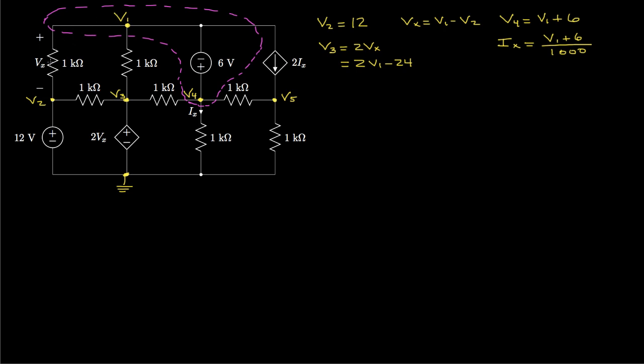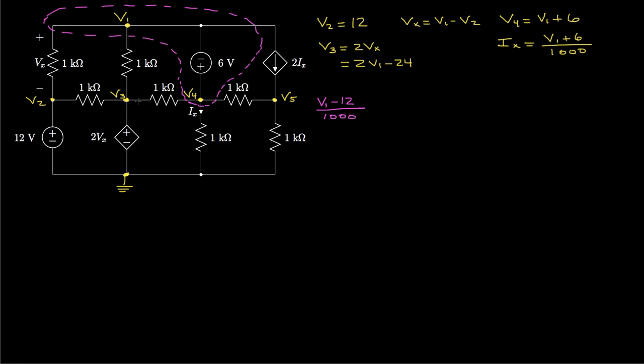So let's write the equation for this supernode. Now the first current leaving this supernode is V1 minus V2 over 1000. Of course V2 is 12, so I'll write that as V1 minus 12 over 1000.